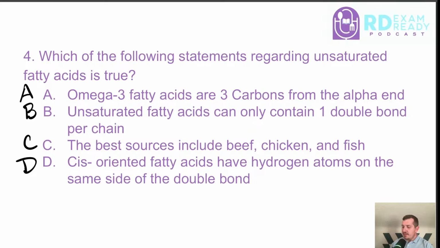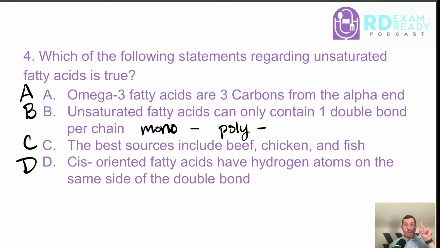B, unsaturated fatty acids can only contain 1 double bond per chain. Okay, I think I need to get rid of this one, folks, and it's okay if you chose it. The reason I would get rid of this answer is because we have both mono and poly unsaturated fats, right?